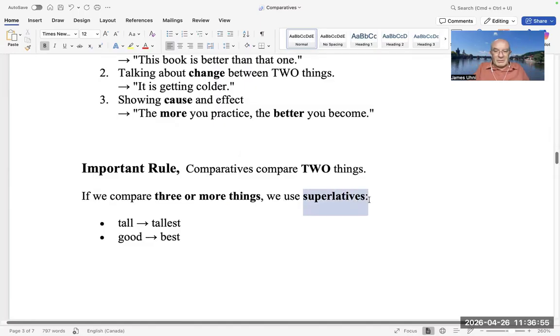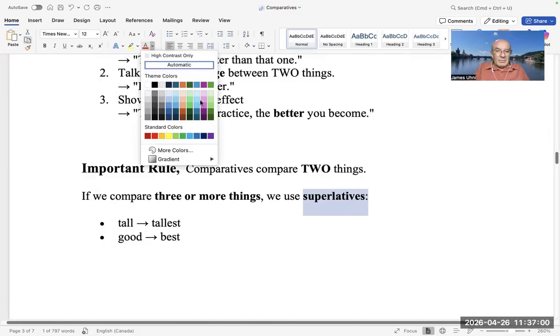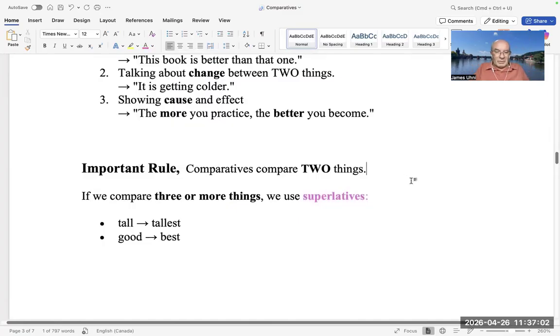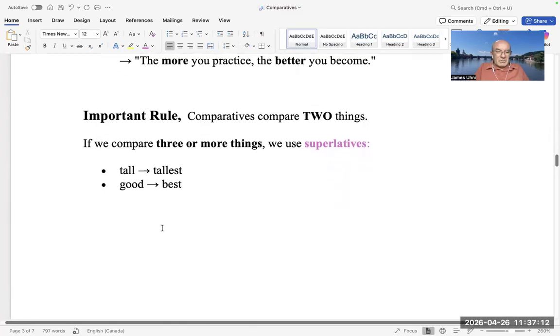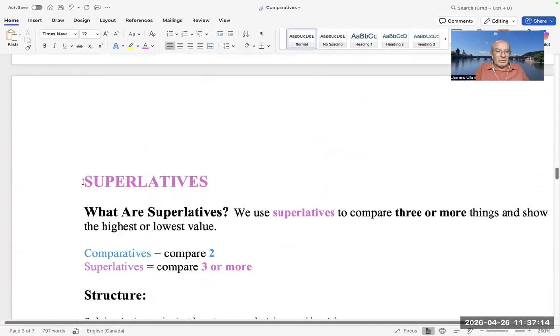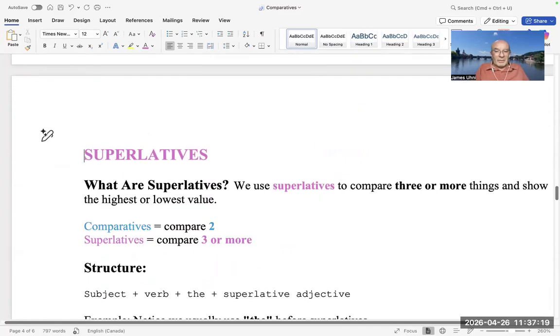And that's where we are heading right now. I believe I made it pink like this one. Okay. Tall, tallest. Good, best. I'll leave it as it is because we have some stuff to learn over here. Let me see if I can bring it up.